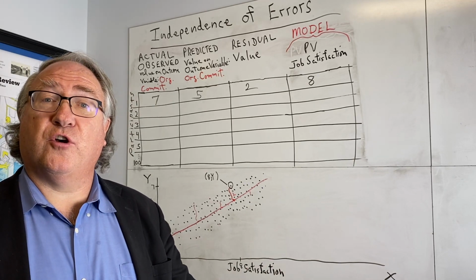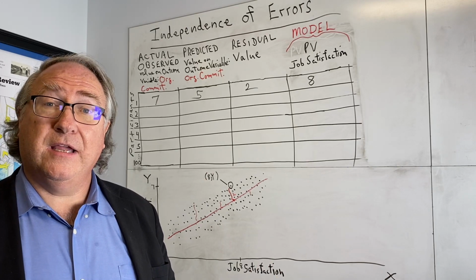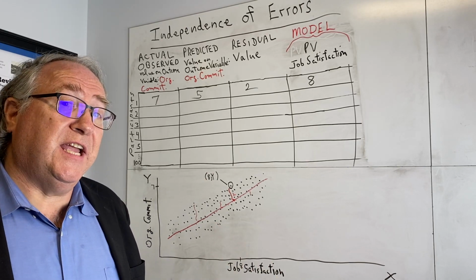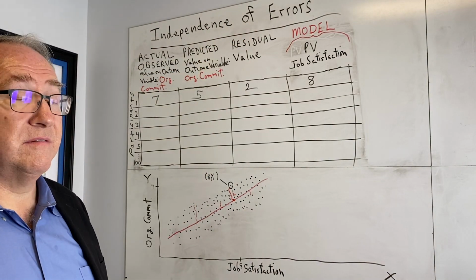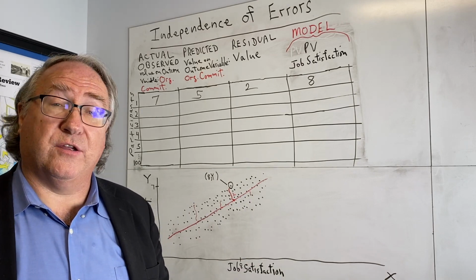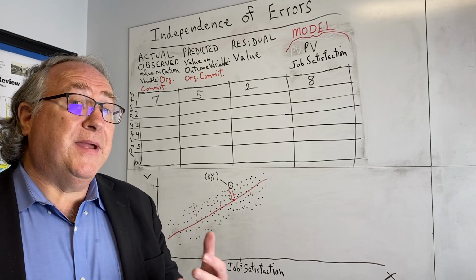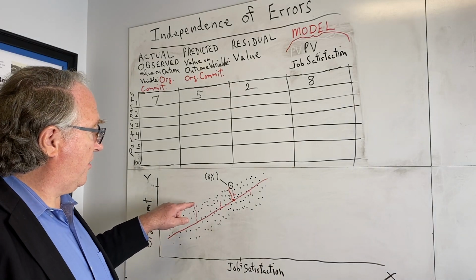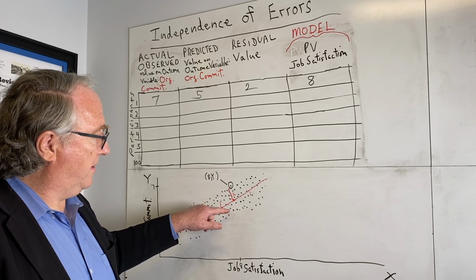That they are also uncorrelated with each other. So the assumption is stated in terms of independence of errors, or independence of our residual values, but it has direct implications for the independence of our actual observed scores on the outcome variable measure.